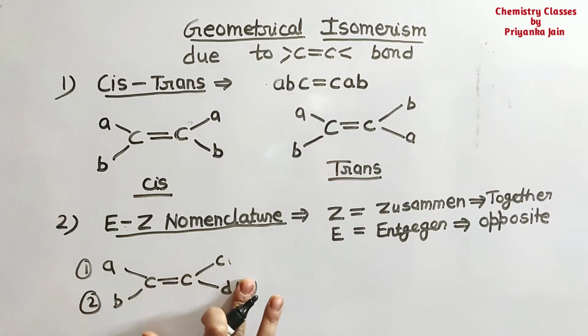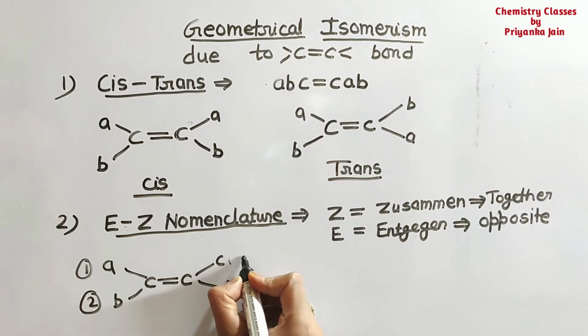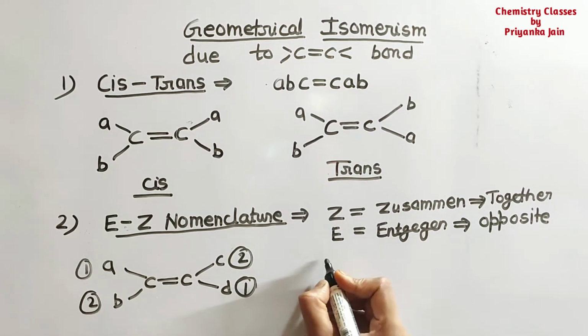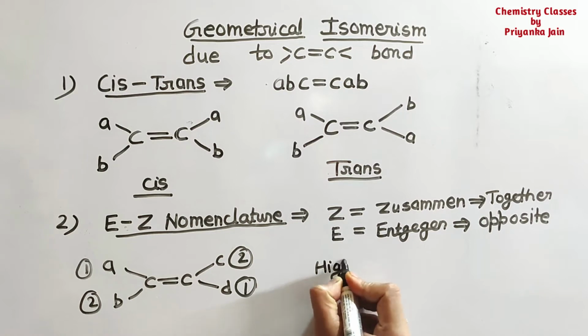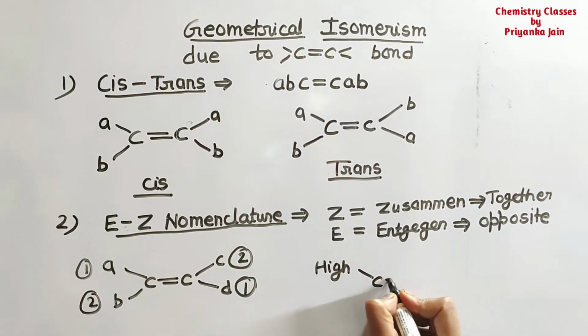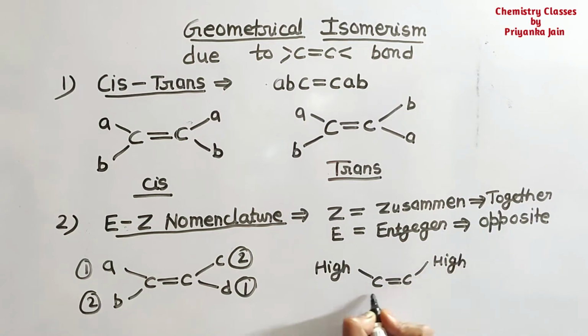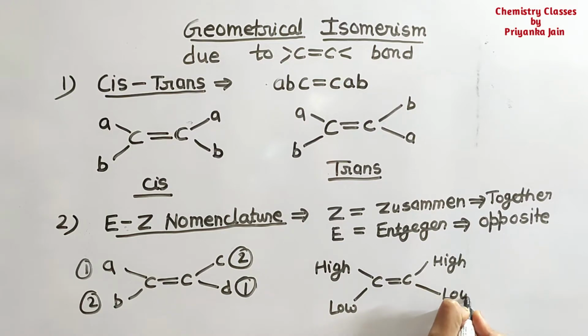But if these two groups are on the opposite side, suppose in this manner, then it will be called the E isomer. It means we can say if the high priority groups are on the same side in this manner and low priority groups are on the same side, then this will be called the Z isomer.